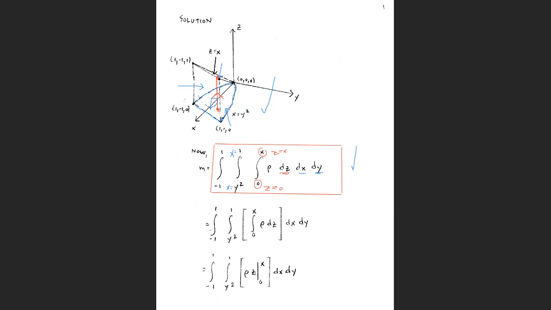Okay, so we computed this mass. And we use iteration when we do our triple integral, just like a double integral. And the mass turns out, after we went through the steps, with a constant density rho.